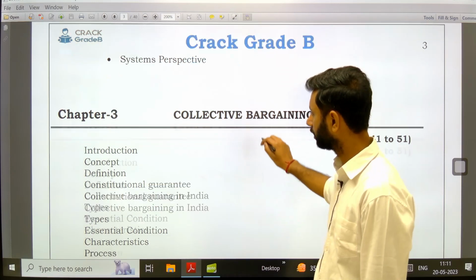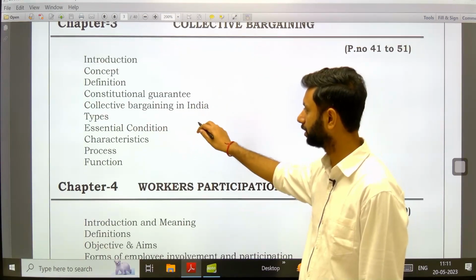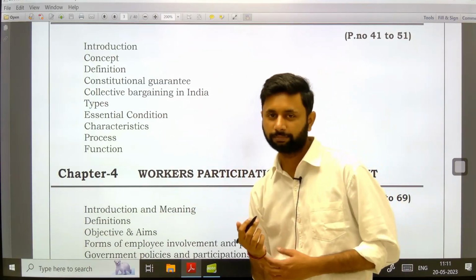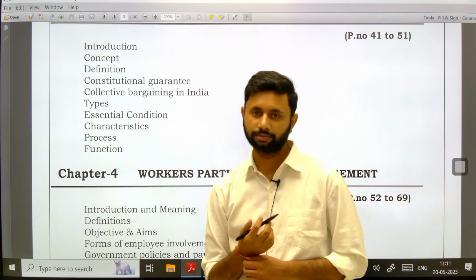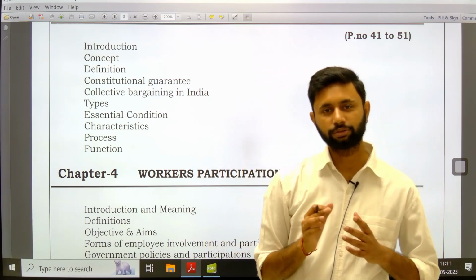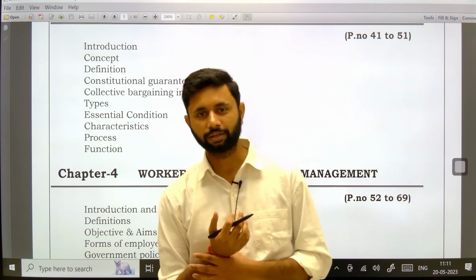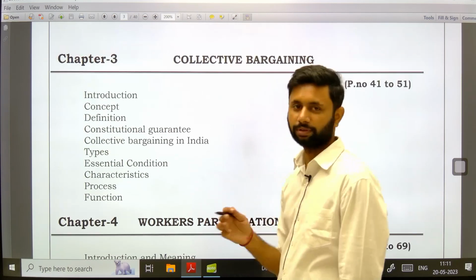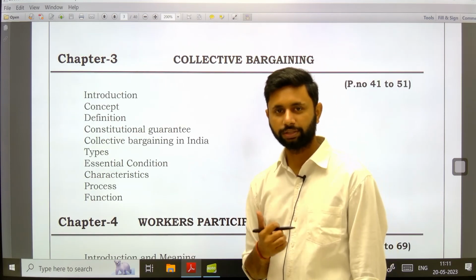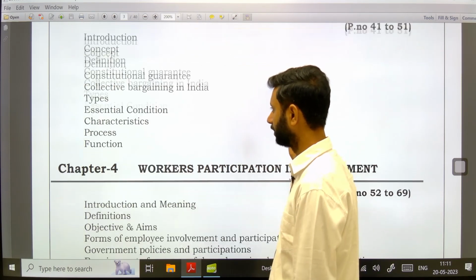We'll introduce the concept, definition, constitutional guarantee, collective bargaining in India, types, essential conditions and characteristics. We'll understand each and every aspect of collective bargaining so that you won't skip any questions. You'll be able to answer every question asked in competitive examinations.